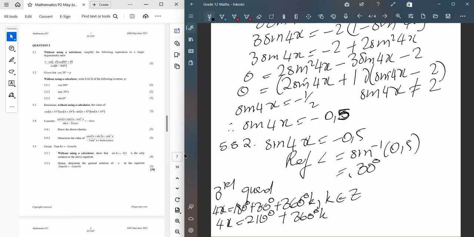Now 210 divided by 4 is 52.5. So x is 52.5 degrees plus 360 divided by 4, which is 90, so plus 90 degrees k. Happy? Perfect. So this is for the third quadrant.